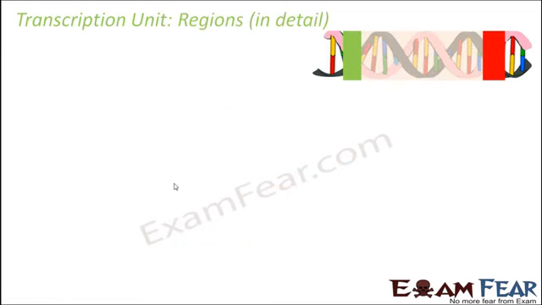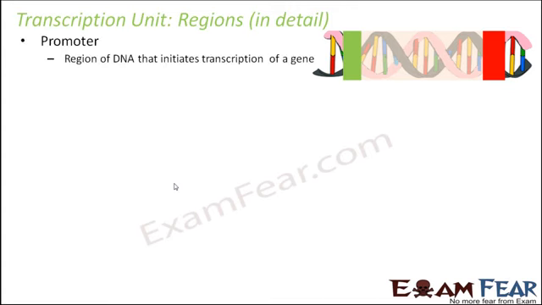Let us try to understand the function and structure of each region, starting with the promoter. It is the region of DNA that initiates the transcription of a gene. Before this portion there is no transcription; only after this region does transcription start.